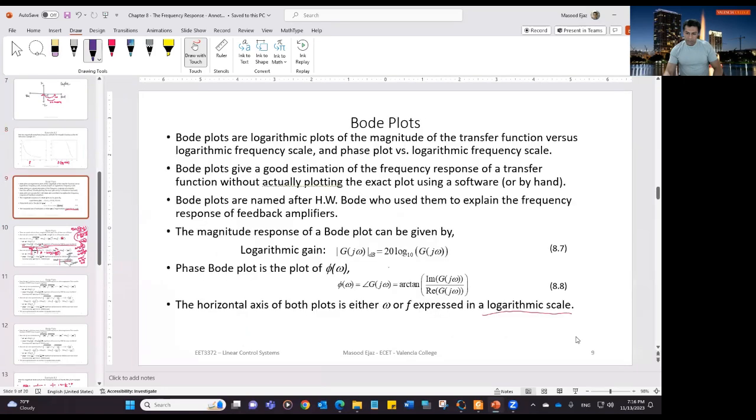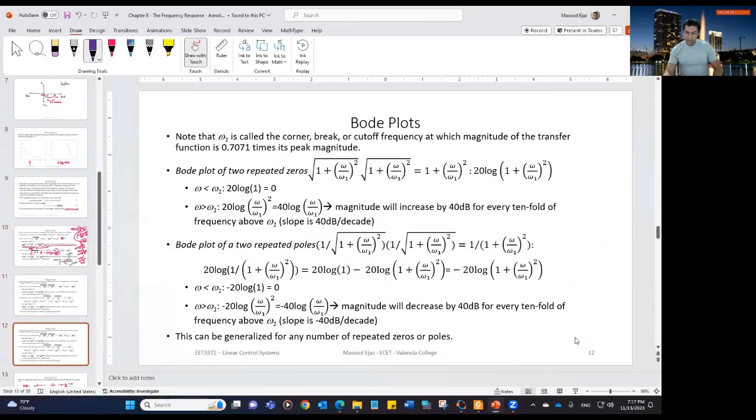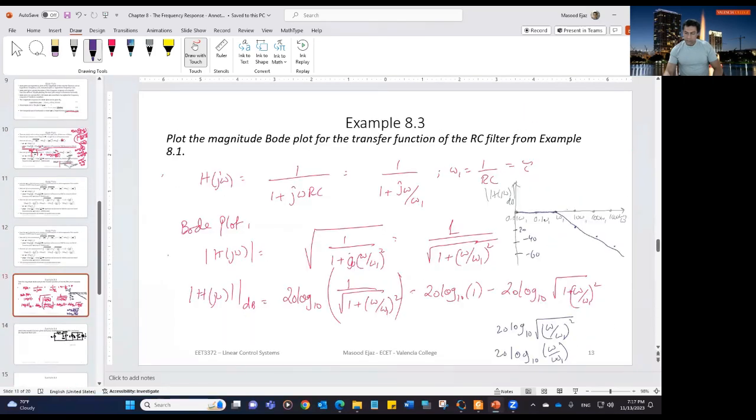But for us, up to that value the Bode plot is going to be 0. And after that value, it's going to drop with negative 20 decibel per decade. So that's the magnitude Bode plot of this system, the RC low pass filter.